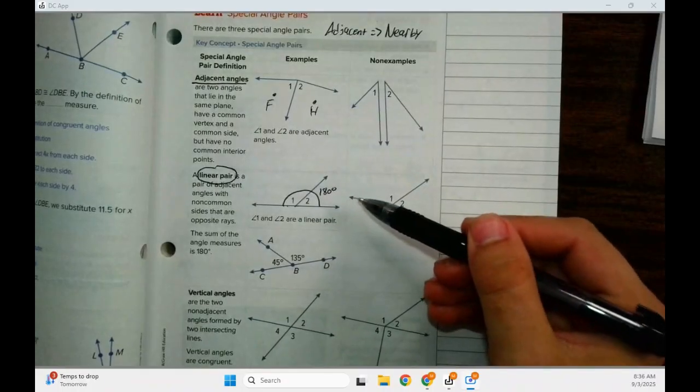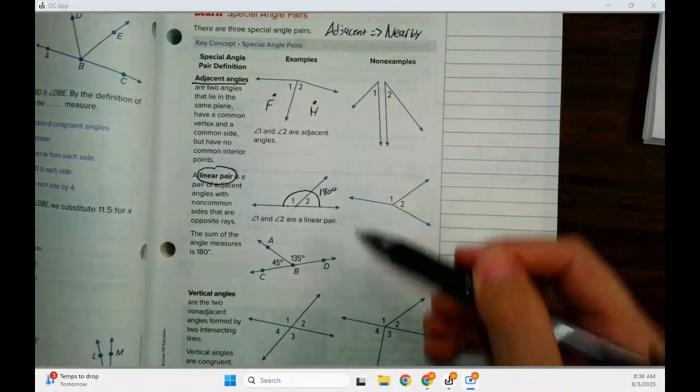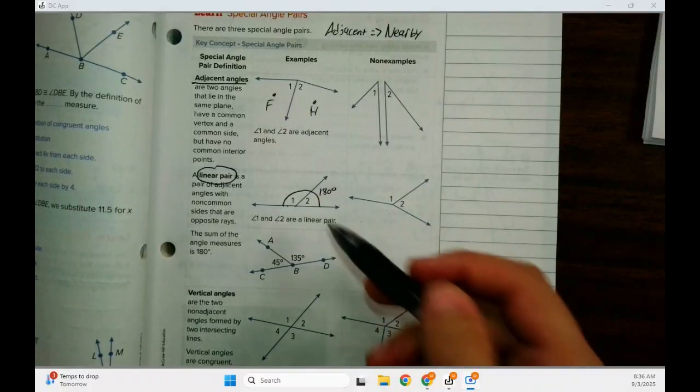I'll ask that again. The two angles, they're adjacent, but if they are a linear pair, what do their measurements add up to? 180. That's what's useful, if we know that it's a linear pair, we have a number we can associate with it. That becomes very useful when we solve problems using linear pairs, okay? And so that's what makes this special.